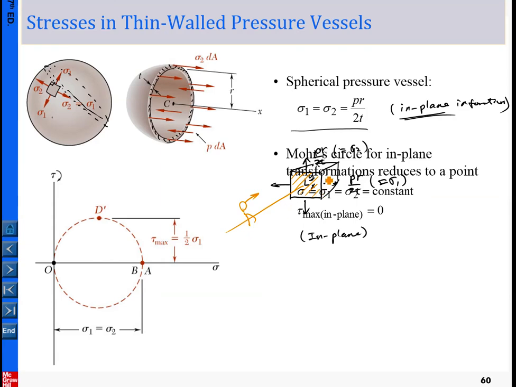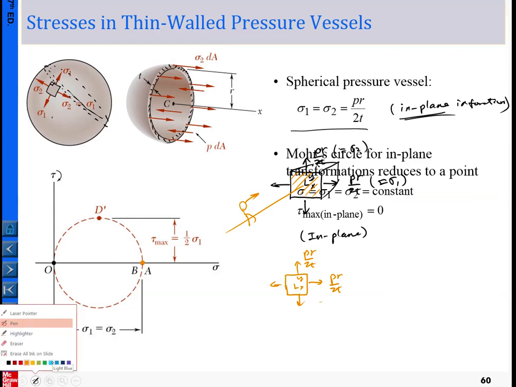So in front of you, this is sigma 1 equal to PR over 2t, PR over 2t, and this is our xy here. Basically, this point actually corresponds to this Mohr circle, which shrinks to one point, a particular case of a circle.